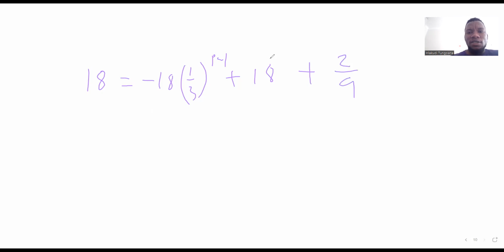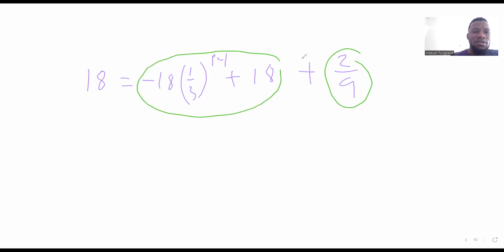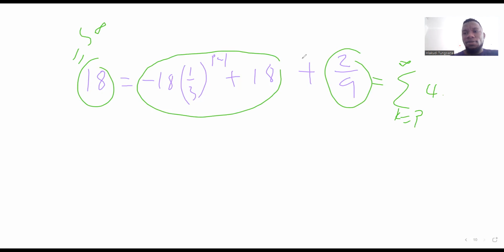Let's circle this term so that you understand where each part is coming from. This is S infinity, right? And then this is S infinity from k equals p times 4 times 3 to the 2 minus k.